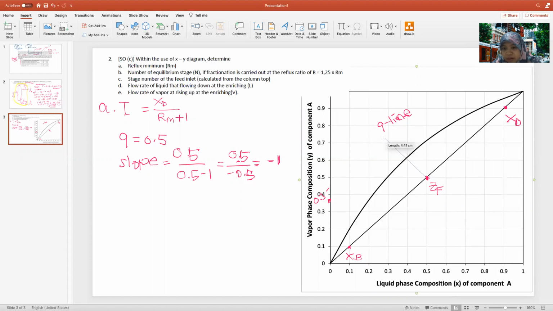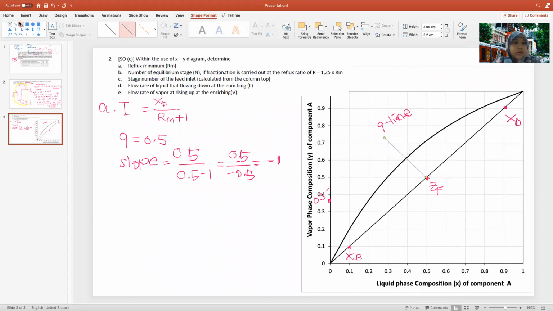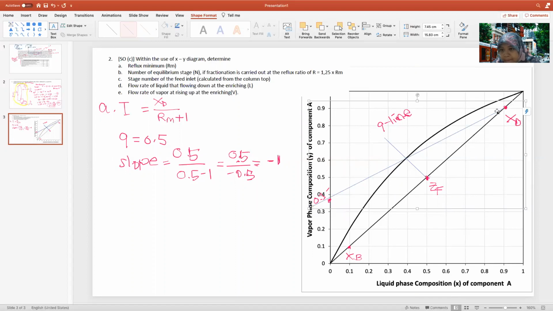There for the Q line, and also there from 0.9 into the, okay, yeah, but this one.